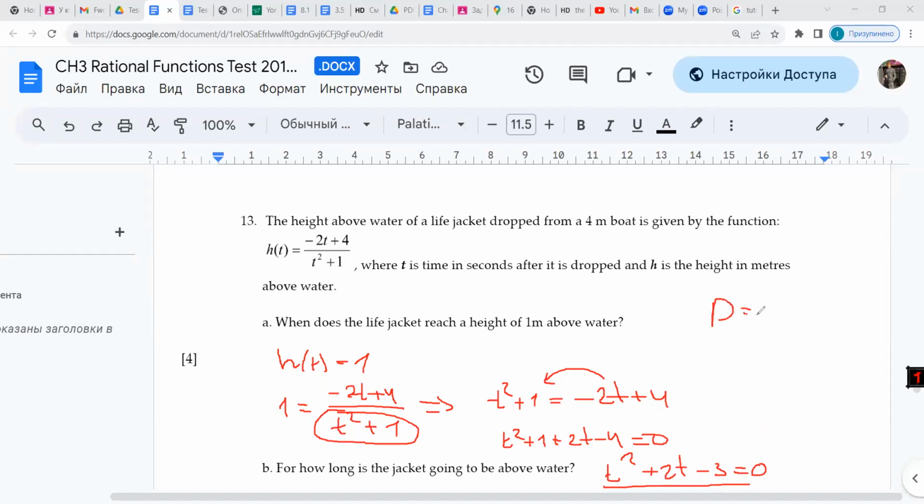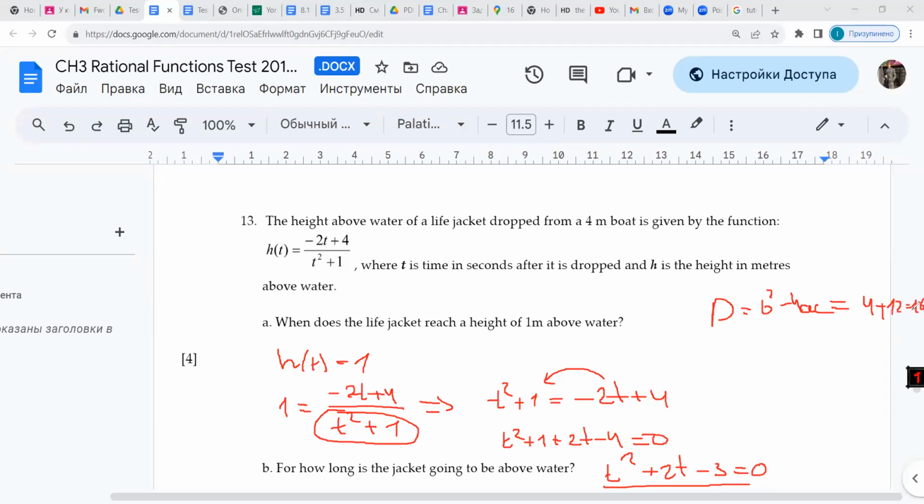Again, using my favorite discriminant, b squared minus 4ac equals 4 plus 12.